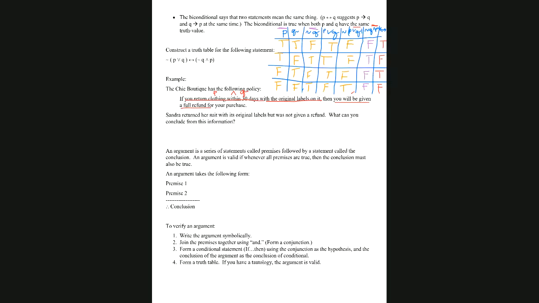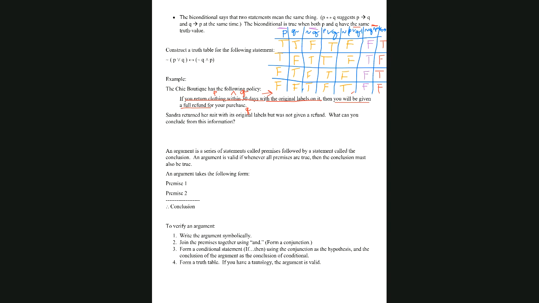All right, so what we have here is Sandra returned her suit with its original labels. So let's see. If you return clothing within 30 days, that's P. The original labels on it, that's Q. You'll be given a refund. So let me go ahead and put this arrow there.